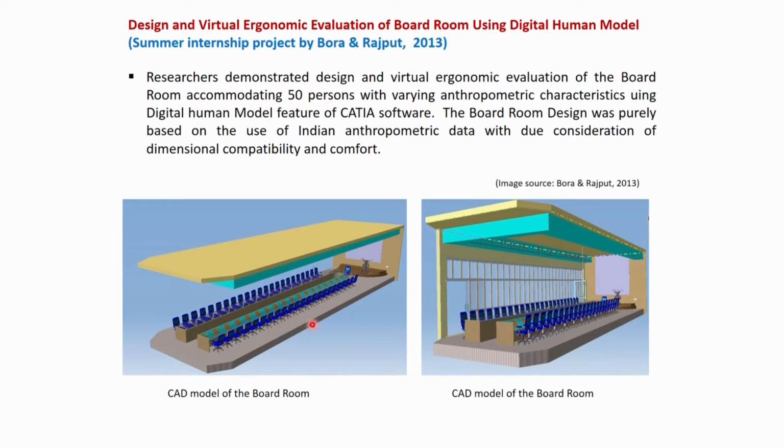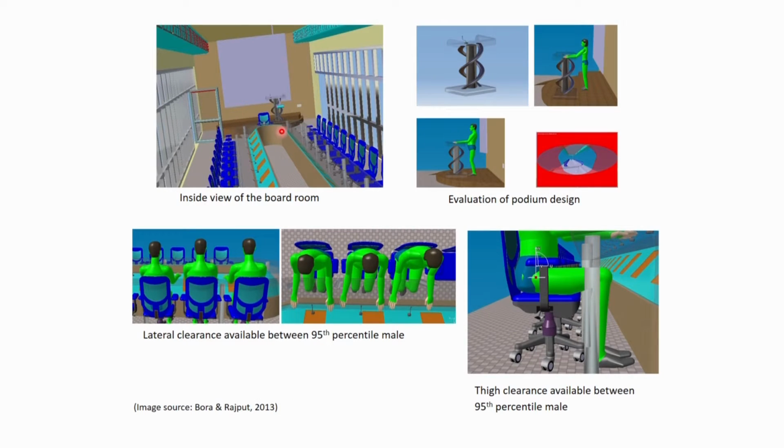So these are different views of the boardroom, where the 50 chairs are there, this is the main table, and this is the projection board. On this side, two doors are there, one this side and another this side, and this is the inside view, where there is a podium, and this is the chairs arrangement.